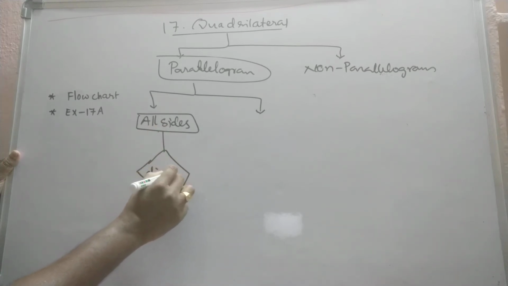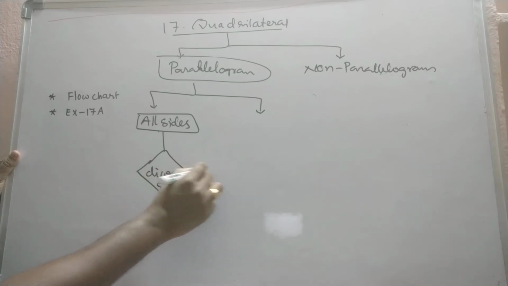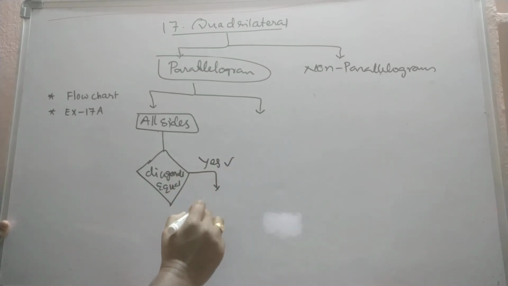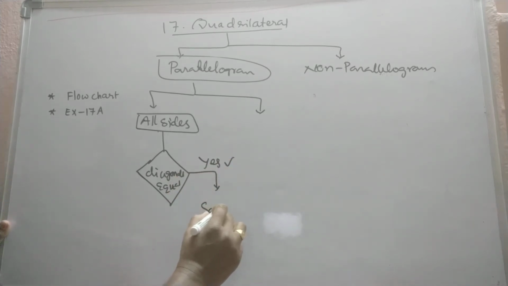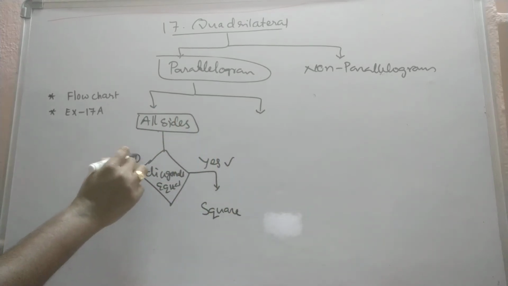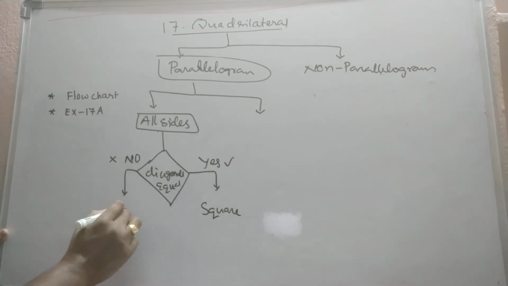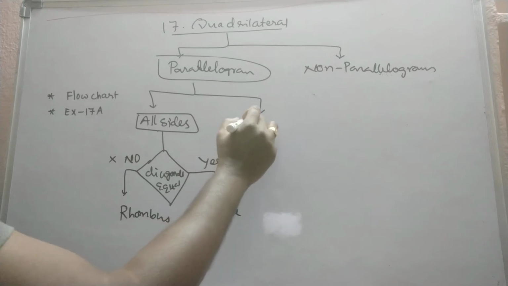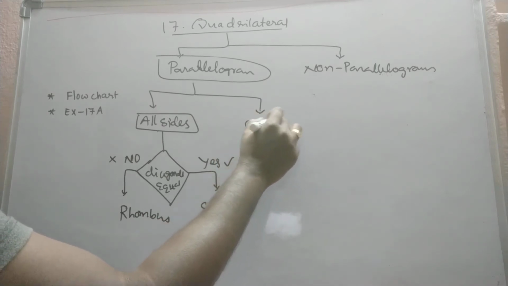If the diagonals are equal, the condition is satisfied, yes, and it is called a square. If the diagonals are not equal, the condition has failed, so no, and that is called a rhombus.